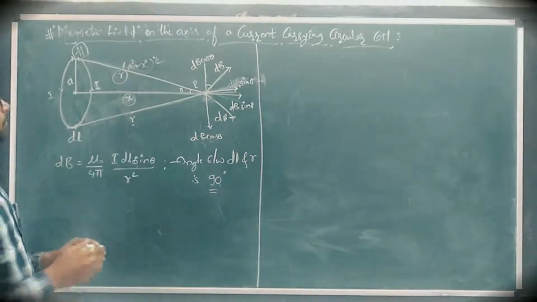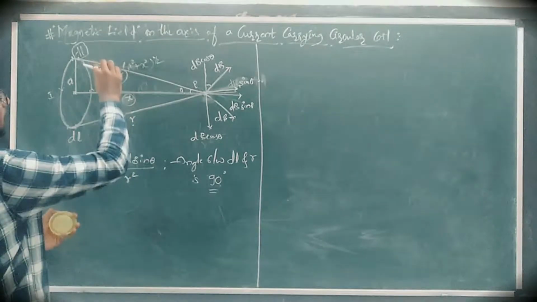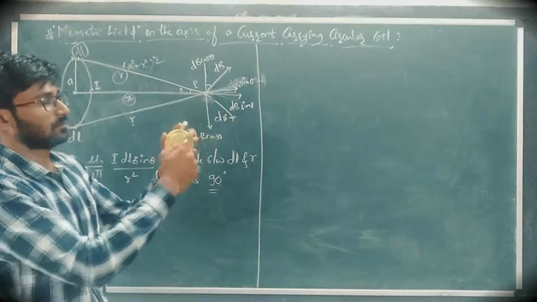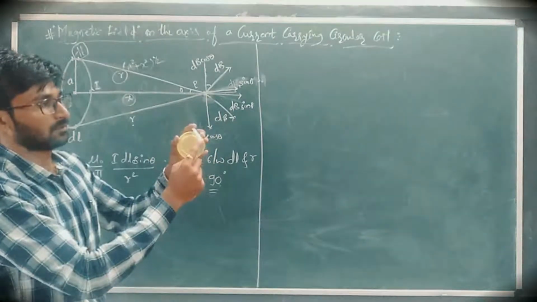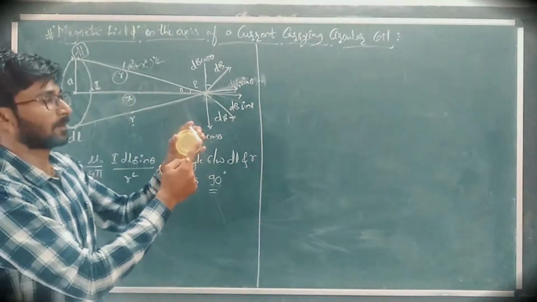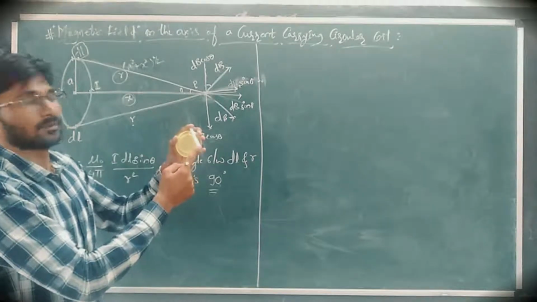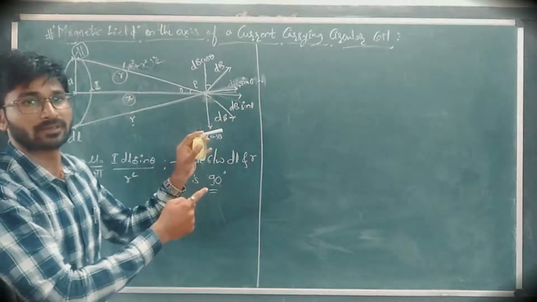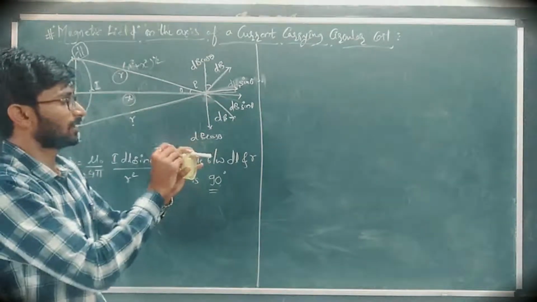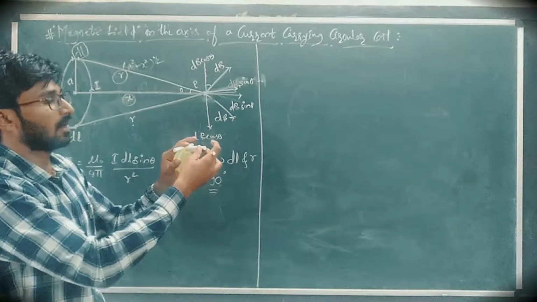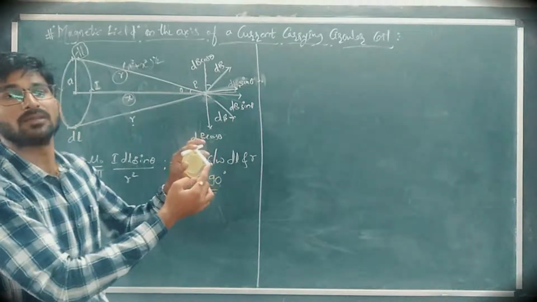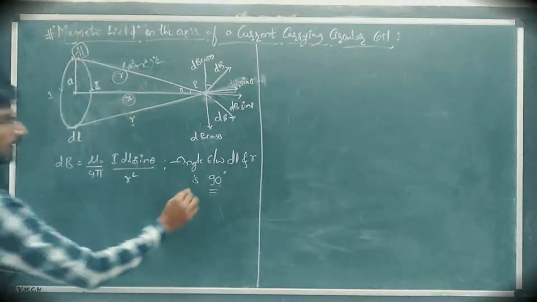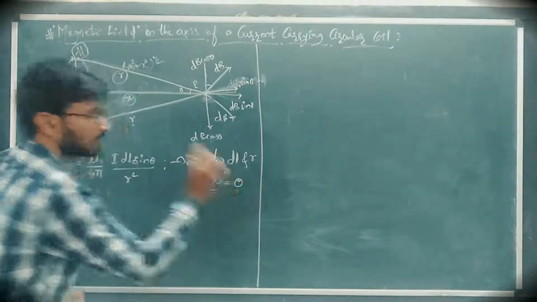If you take the other angles, such as 45, 30 or 20 degrees, it would differ, but the angle between dl and r is always 90 degrees. So I have considered theta as 90 degrees.